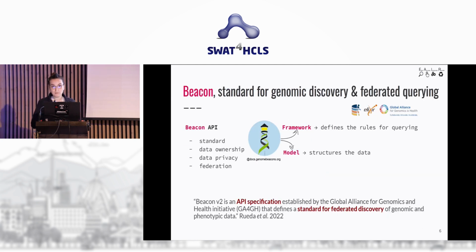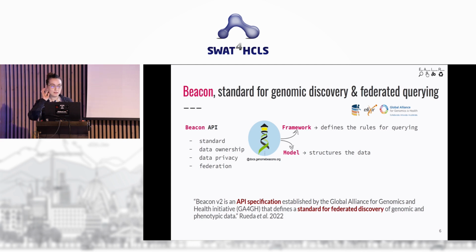Fortunately for us, we are not the only ones trying to share this kind of data in a fair way, so there were already several solutions existing. One of them, which we really liked and wanted to test, was the Beacon, a standard for genomic discovery and federated querying, promoted by several organizations such as GA4GH and Elixir.